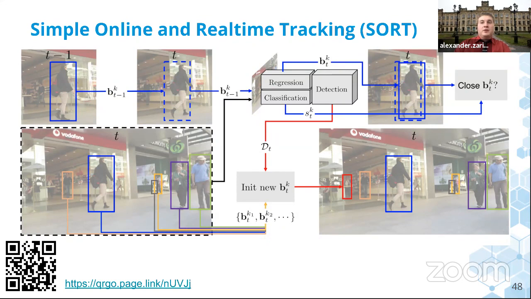This simple but effective approach won second place on the Multiple Object Tracking challenge in 2016, and showed almost similar performance as the algorithm which won first place in this competition, while this SORT algorithm could be executed on almost any hardware in real time.